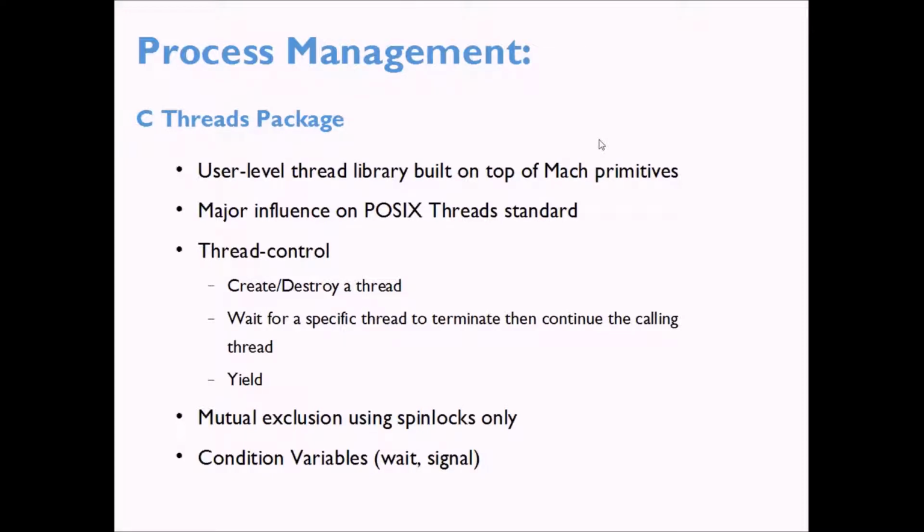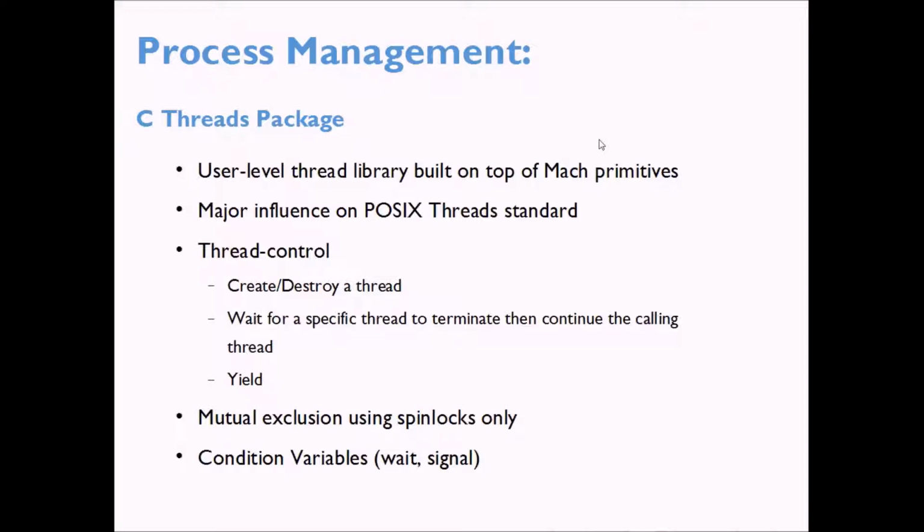Another thing is process management. In process management, there are C thread packages. It is a user-level thread library built on top of Mach primitives, with a major influence on the POSIX thread standard. Thread control creates and destroys threads, and waits for a specific thread to terminate, then continues the calling thread.